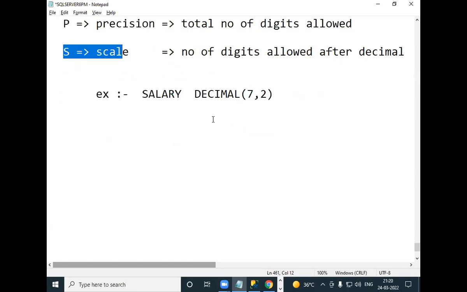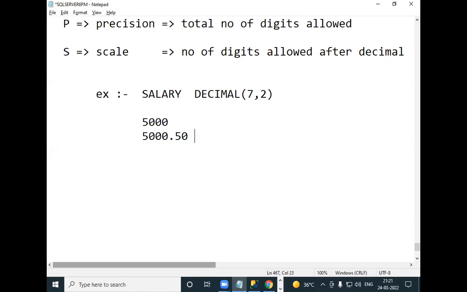Suppose I entered salary 5,000. Allowed or not allowed? Allowed. Entered 5,000, but the database stores 5,000.00. Even if you enter 5,000, SQL Server stores 5,000.00. Then I enter 5,000.50.